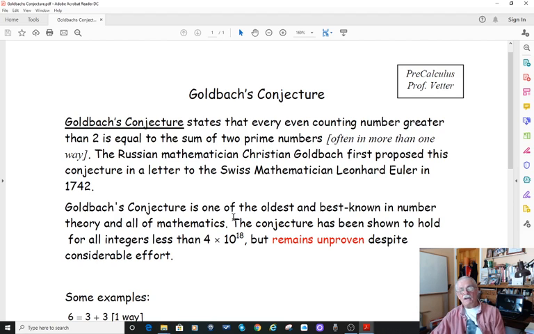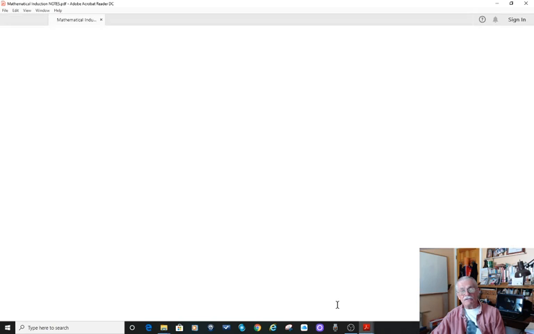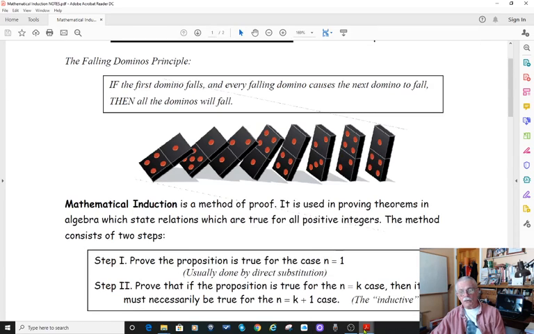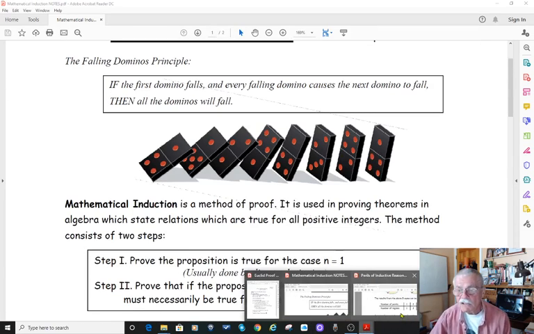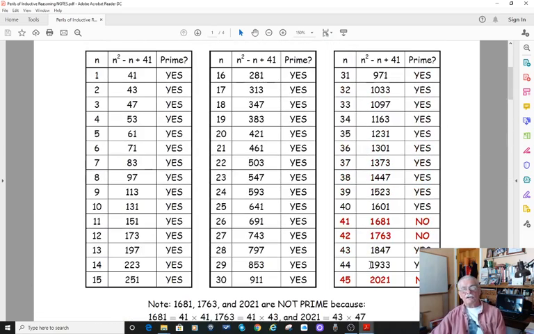And well, if you go back to, which one did we do here? Is this the one? It's not quite what I was looking for. I probably closed it out. Oh yeah, here we looked at this situation, and it tested true for 40 instances if n squared minus n plus 41 generated a prime.